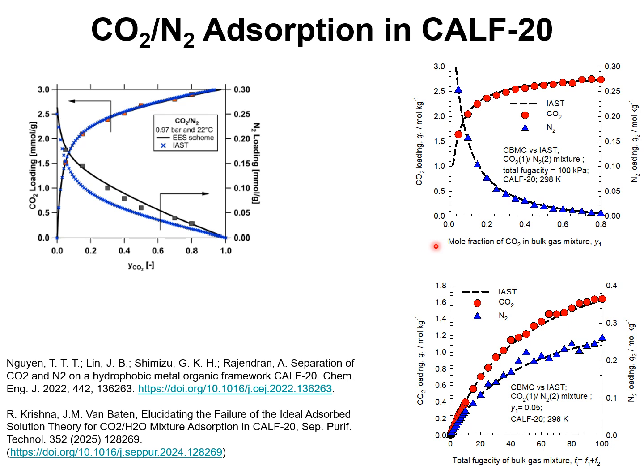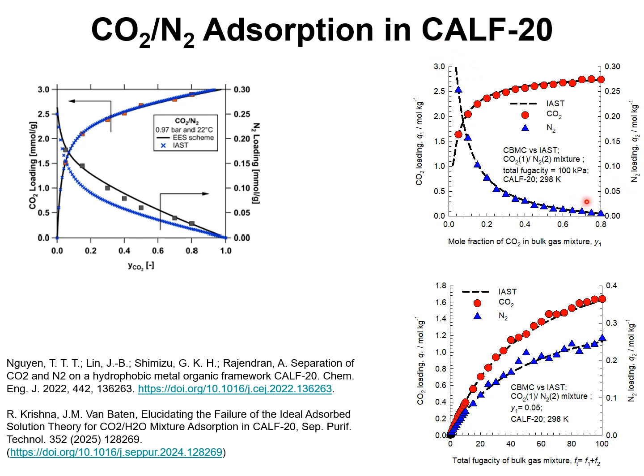On the x-axis, we have the variation of mole fraction of CO2 in the bulk gas mixture. The red circles are the CO2 loadings from molecular simulations. The blue triangles are the nitrogen loadings in the adsorbed phase, and the axis for the nitrogen loading is on the right-hand side.